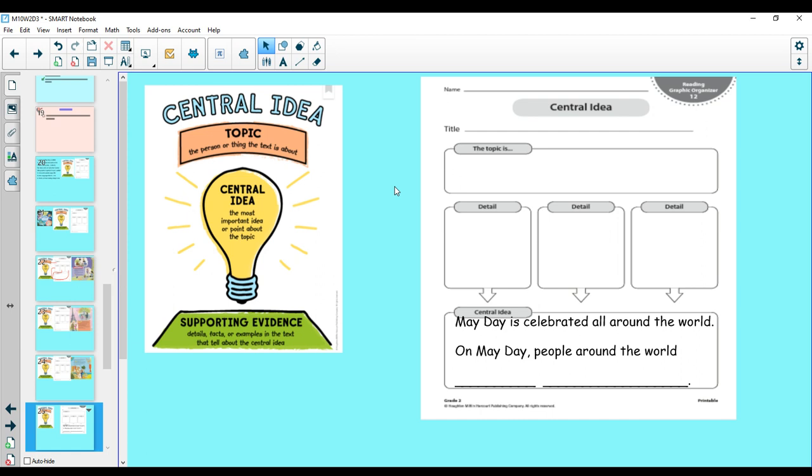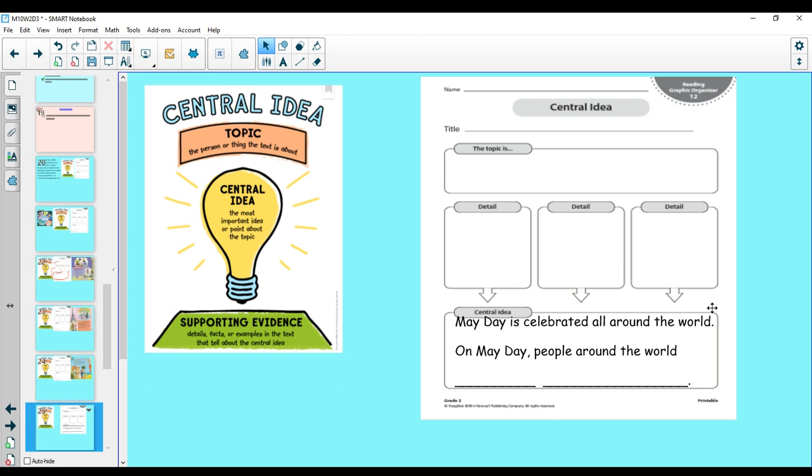We then found supporting evidence or details in the story that help us get this central idea. We found one detail from Texas, one detail from Paris, France, and one detail from Hawaii.